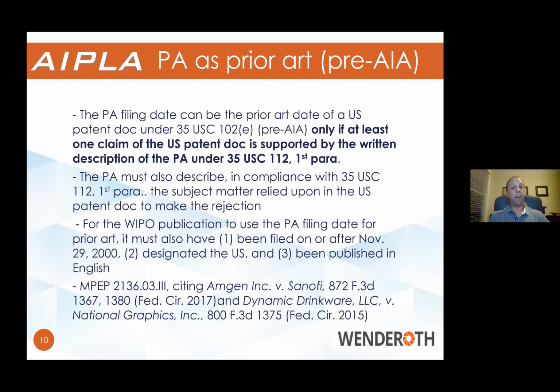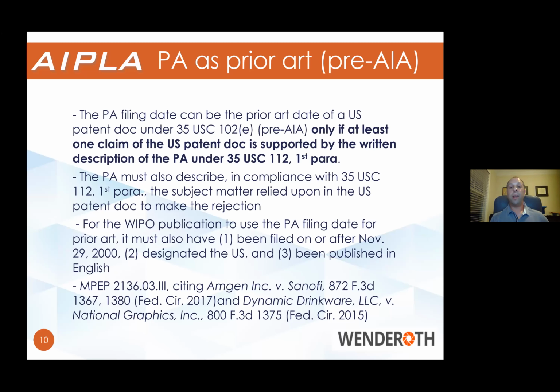So this is a little different. The filing date of that provisional application can be used, you can go all the way back to that date as prior art, if the provisional supports at least one claim of the patent or that published application or the WO document under 112 first paragraph.